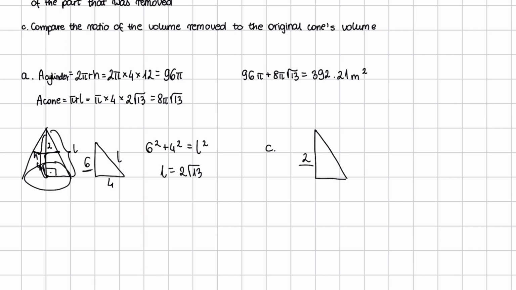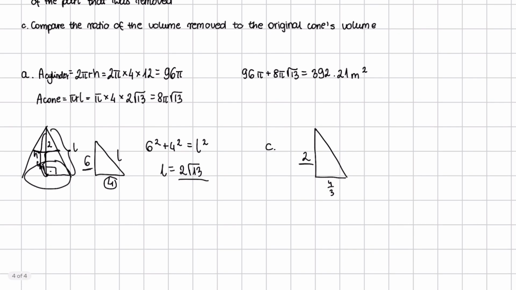Here we have height 2. So this height is divided by 3 in order to have 2. So now we have to divide 4 by 3. So this is our new radius, and the same with slant height.